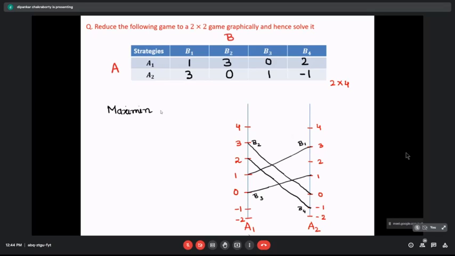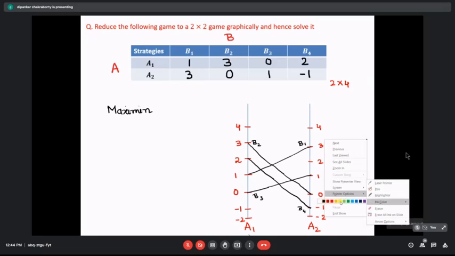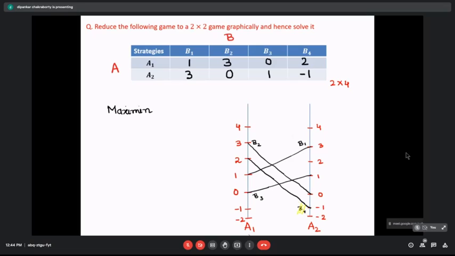Now, what is the meaning of maximin in this context? Maximin means that, first of all, we find the lower envelope. How to get the lower envelope? Anyone? This is your lower envelope. I hope you agree with me. This is your minimum region. This is your lower envelope. Clear to all of you? Yes, sir. And then we find the maximum point in this lower envelope.